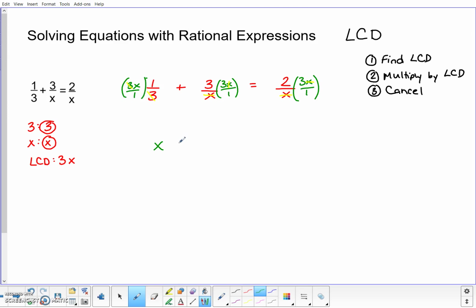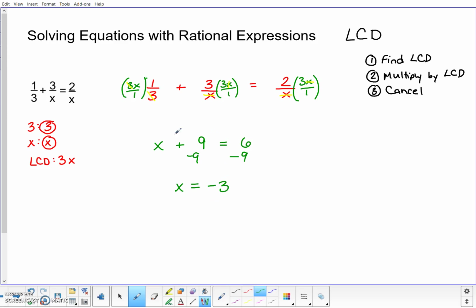So I have x plus 3 times 3 is 9, and it's all over 1, so I don't have to show dividing by 1. And then 2 times 3 makes 6, and it's all over 1, so I don't have to show dividing by 1. So I get the equation x plus 9 equals 6. That's my new equation. Now I can solve it. Subtract 9 from both sides, and x equals negative 3.